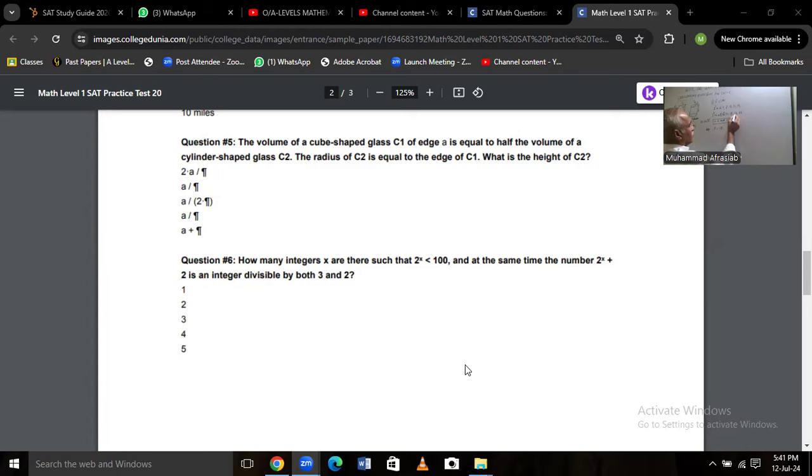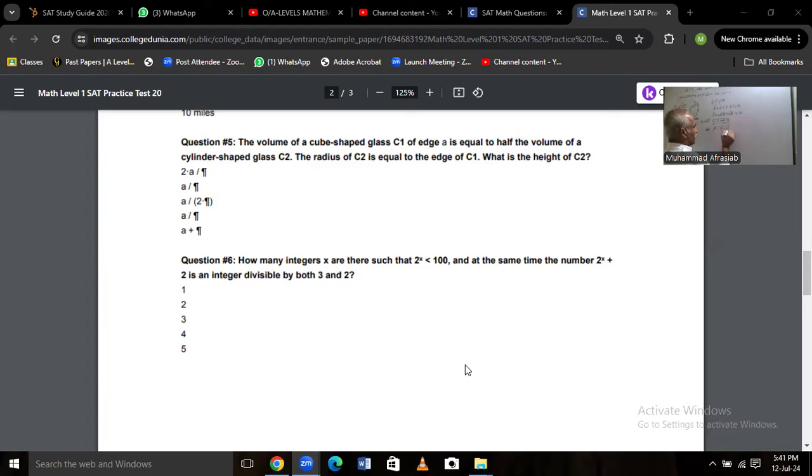Then 34 is not there because the sum of its digits is 7, which is not divisible by 3. 66, 6 plus 6 is 12, so it is divisible by 3, so that is 66.